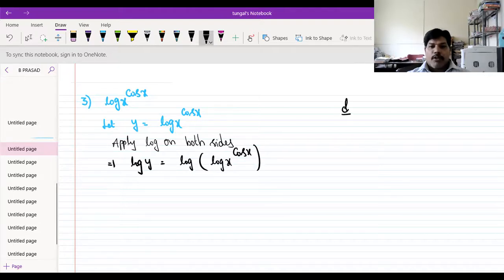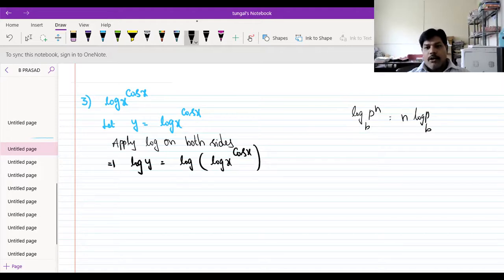Once again, write the formula here, students. The log of p power n base b is equal to n log p base b.